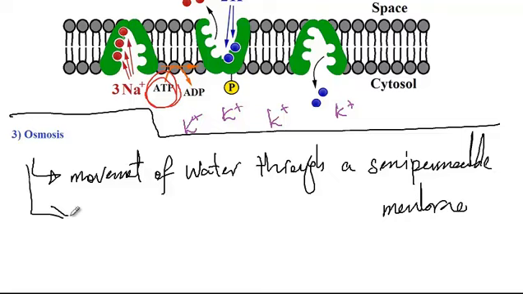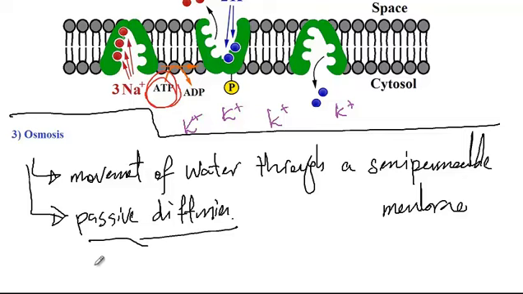And this process is also passive diffusion. It doesn't require any energy. And so since it's passive, water must be moving from solutions with a low concentration of solutes into solutions with a high concentration of solutes. And here, let me show you an example.